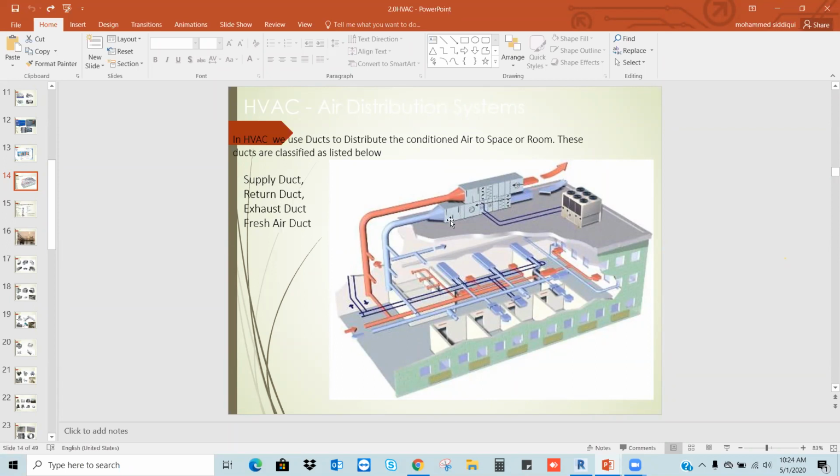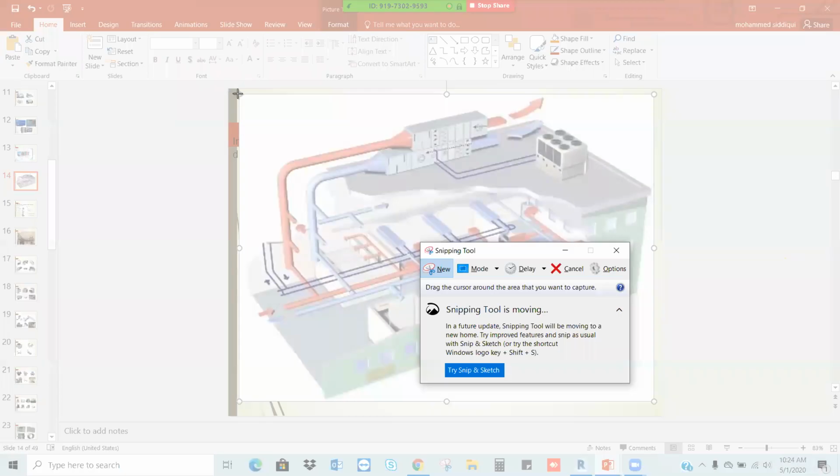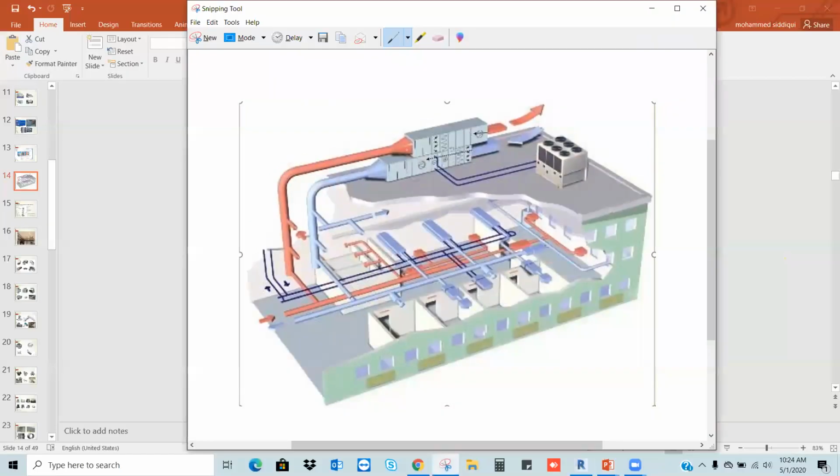Okay. Now let us discuss in a little bit different way. This duct is connected to the AHU. We bring this duct to supply to, let's say, a room.